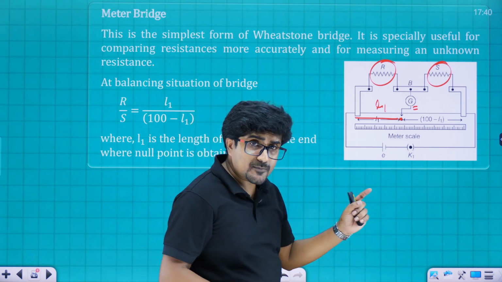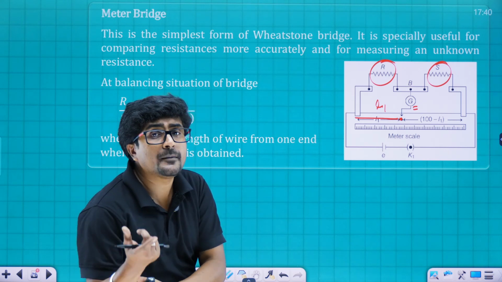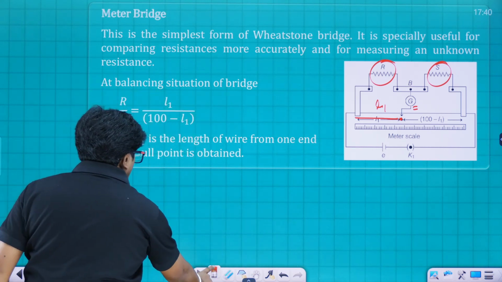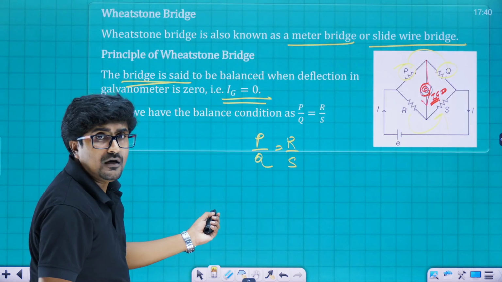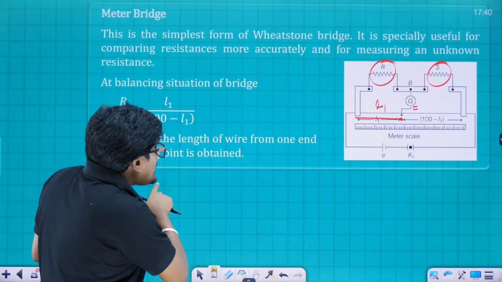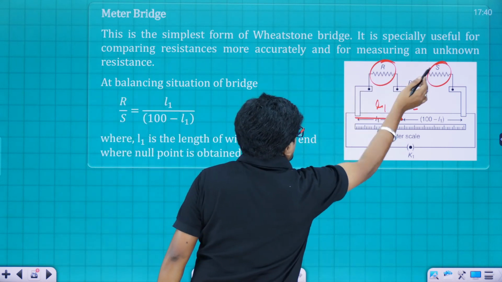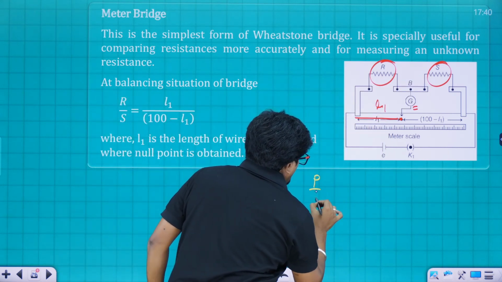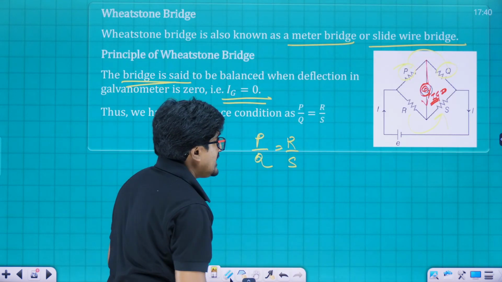Under this particular situation, we can consider the same circuit as a balanced Wheatstone bridge. Considering the balanced Wheatstone bridge condition that we discussed, once we apply this concept onto the given situation, P by Q was equal to R by S in this case, isn't it?